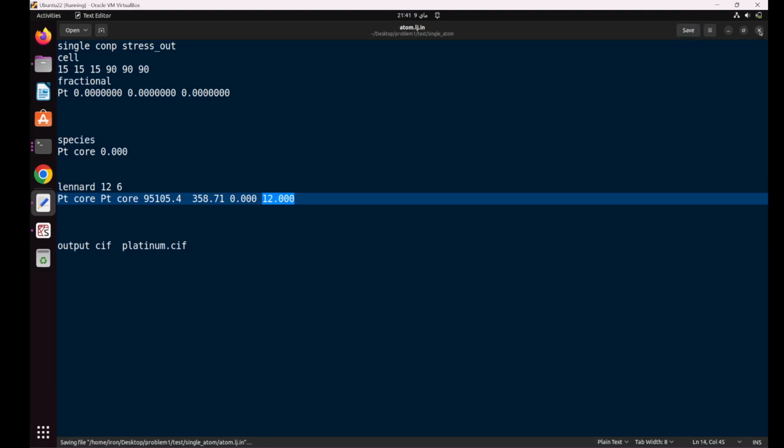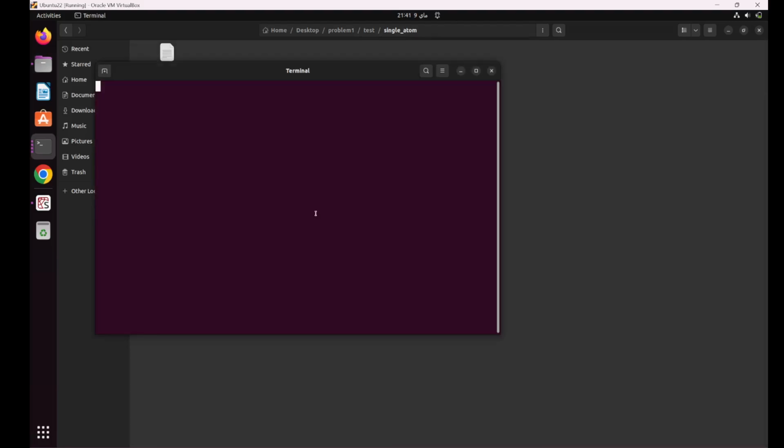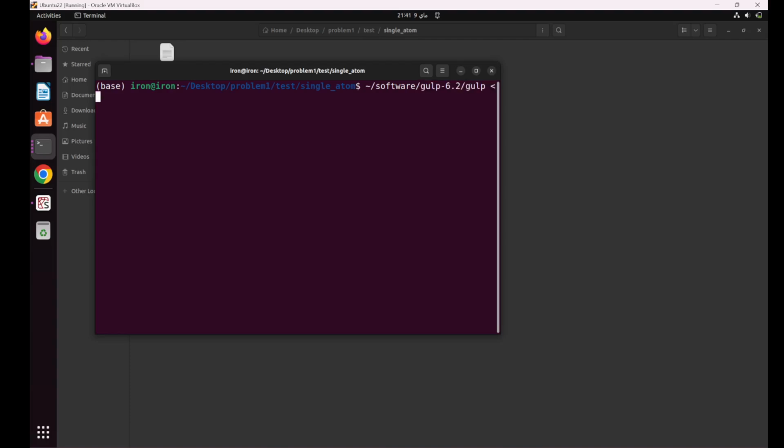Let me save this and ask Gulp to run this file. So we are calling Gulp 6.2 applied to our input, and let's ask for an output called out.atom, and it's done.